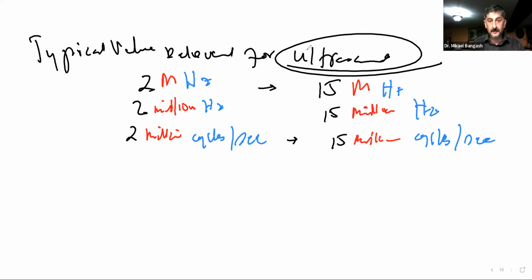Now, girls, please. This here is the lowest frequency of an ultrasound transducer that can be used for ultrasound.